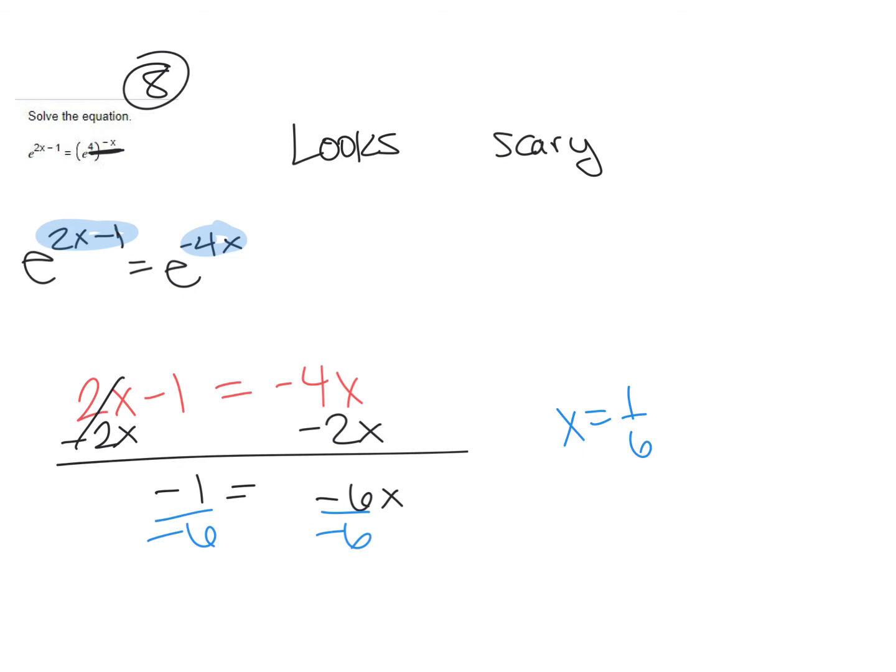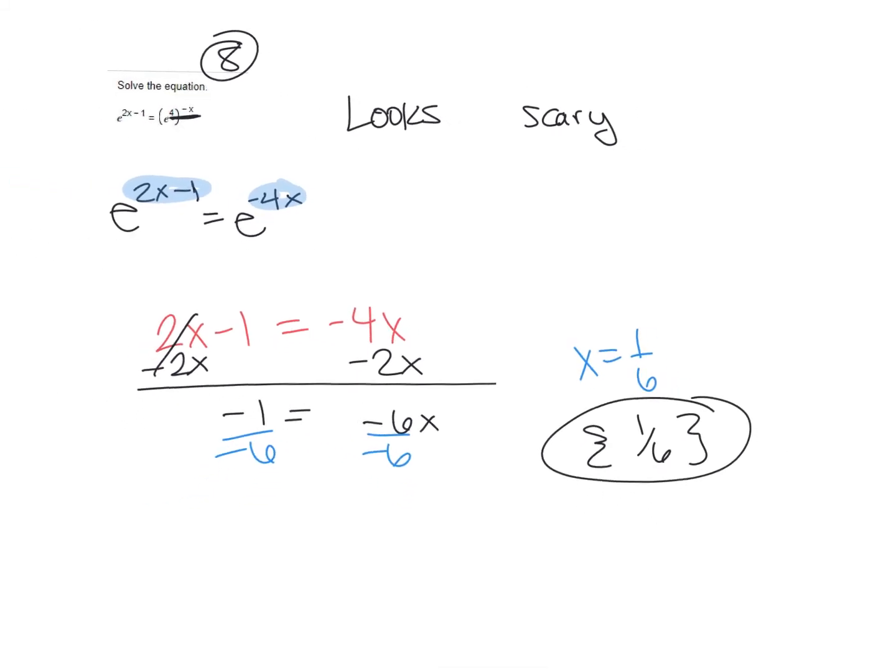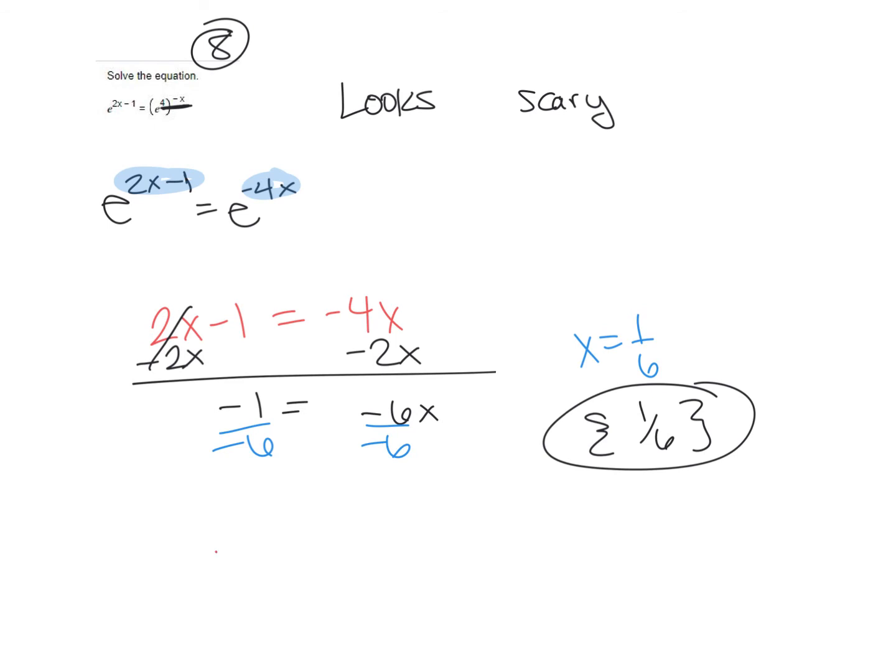And I can show you what decimal that would look like. Hold on. There we go. Okay, so we end up with 1/6, and then if I wanted to check it, I could just plug it into the original. So I would have e raised to the 2 times 1/6 minus 1 should equal e to the 4 times negative 1/6, right?